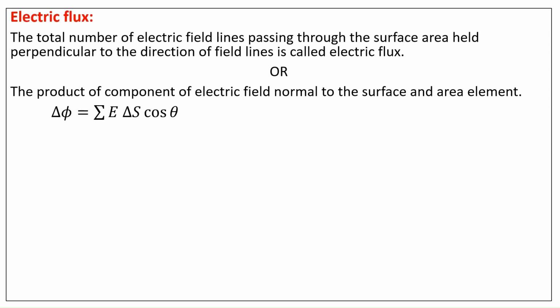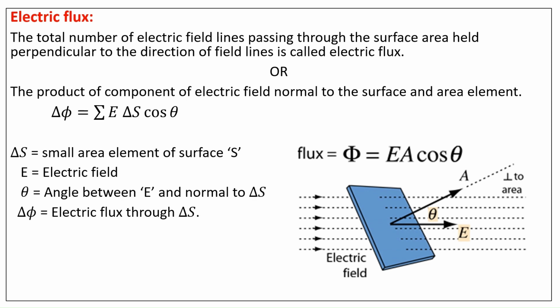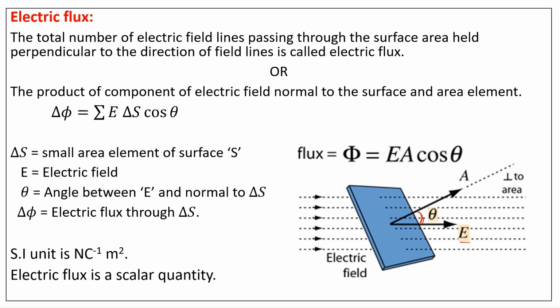Delta phi is equal to summation of E delta S cos theta, where delta S is a small area element of surface S, E is the electric field, theta is the angle between E and the normal to delta S, and delta phi is the electric flux through delta S. SI unit is Newton per Coulomb per square meter. Electric flux is a scalar quantity.